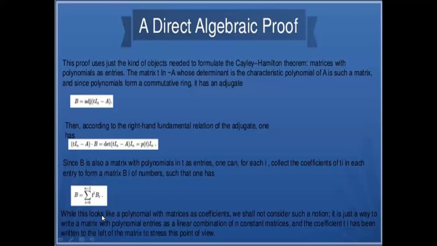While this looks like a polynomial with matrices as coefficients, we shall not consider such a notion. Write a matrix with polynomial entries as a linear combination of n constant matrices, and the coefficient t has been written to the left of the matrix to stress this point of view. So this is about the proof of the Cayley-Hamilton theorem.